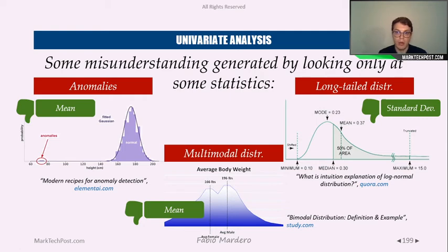And then we have on the top right the long-tailed distribution. Here we have what is called the log normal distribution. It's a distribution that has a fat tail, let's say, or a long tail. So far from the mean and the mode, we still get some relevant probability of something happening.